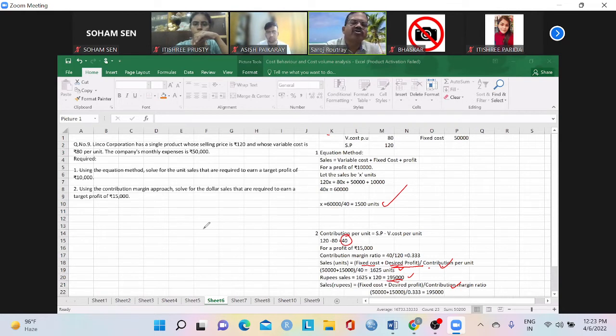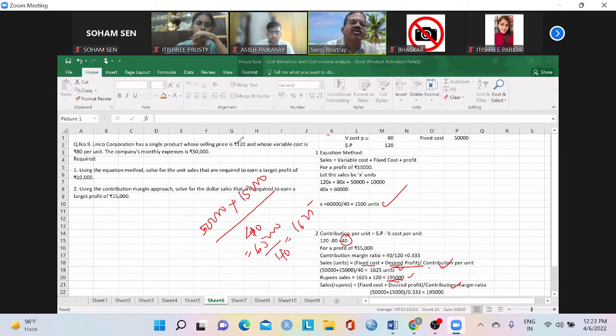Your fixed cost is 50,000 plus 15,000 you want to have profit, so you need to recover 65,000. Per unit contribution is 40. So 65,000 divided by 40 is 1625. This is one way.